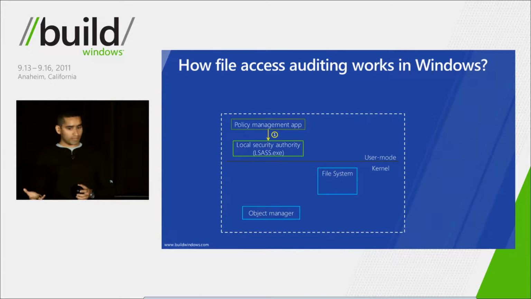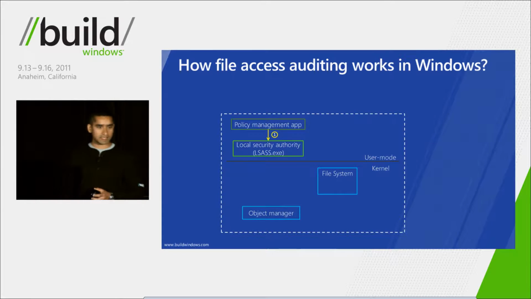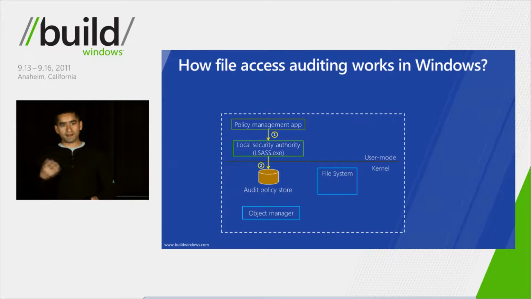Once it gets a notification, it then sends the notification to the local security authority, which is LSASS. Now, that in turn writes those policies into the audit policy store. By this point, the kernel knows that now, if there is an attempt to access a file, I need to audit it if the file has the right policy.